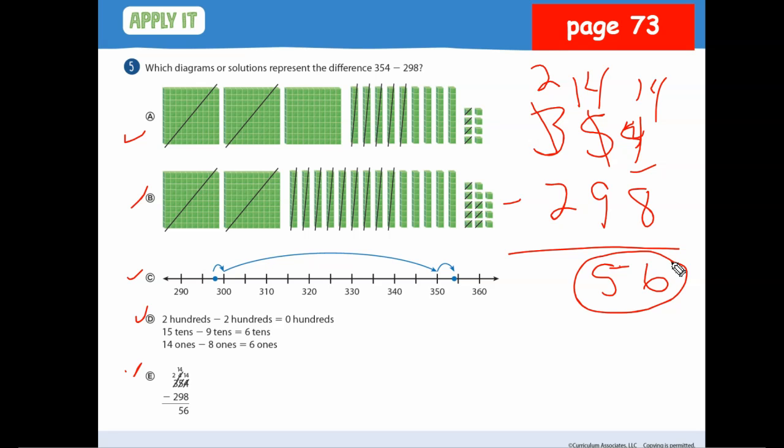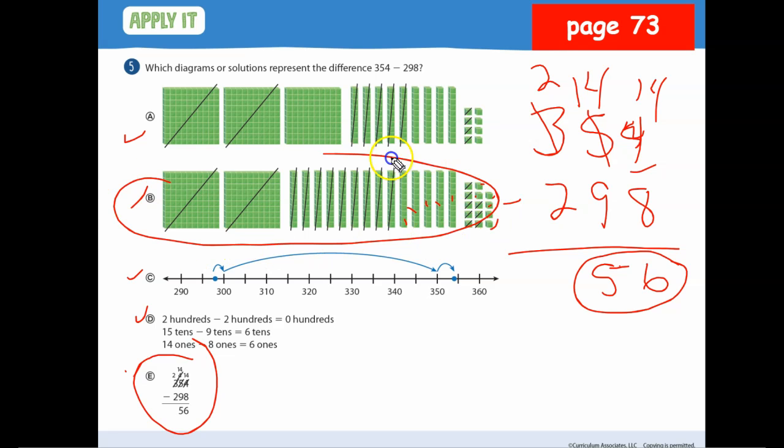Oh, look. E works, right? C, I'm not sure. And here I have 1, 2, 3, 4, 5. 1, 2, 3, 4, 5, 6. Oh, B does. Okay.